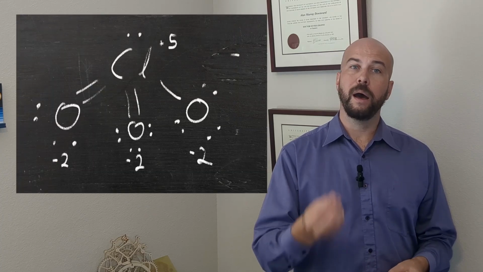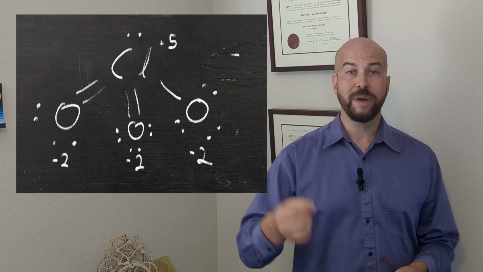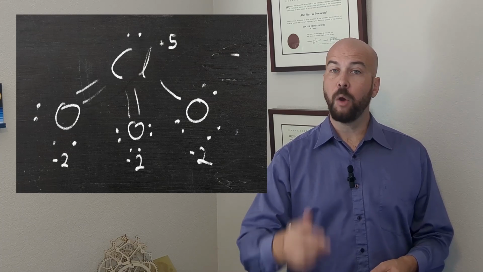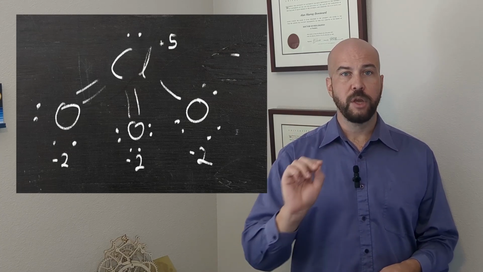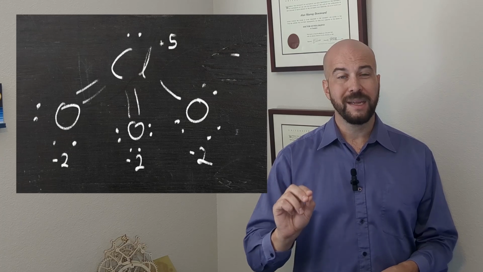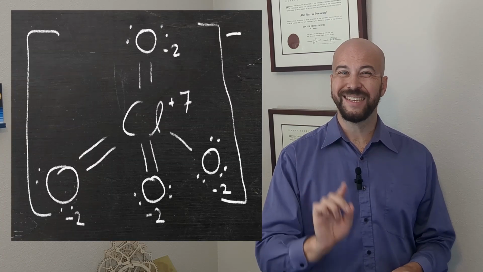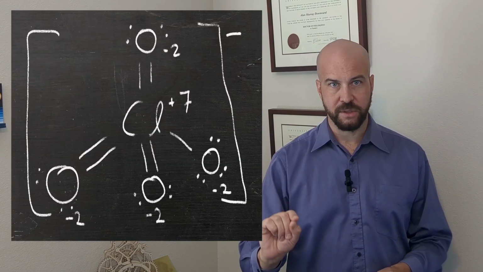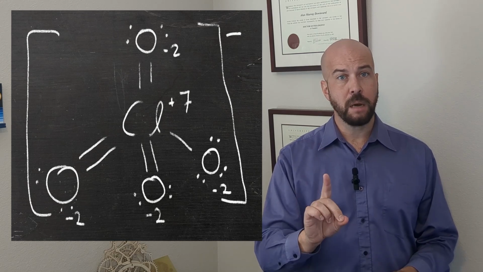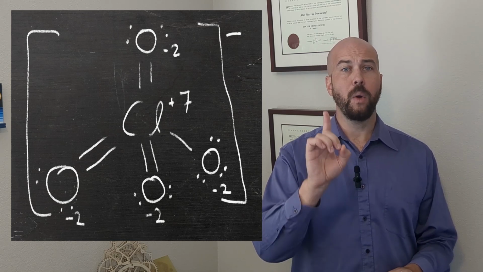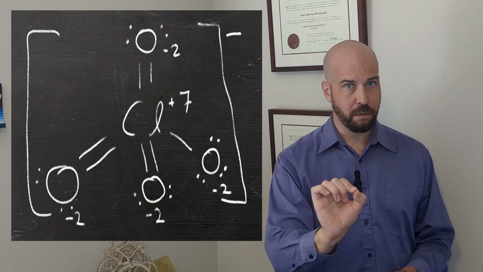Chlorates are ClO3-. Now with 3 oxygens, the oxidation state on the chlorine is at positive 5. And then there is perchlorate, ClO4-. The oxidation number on the chlorine is now up to +7.